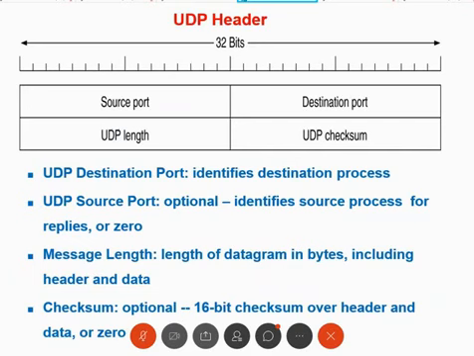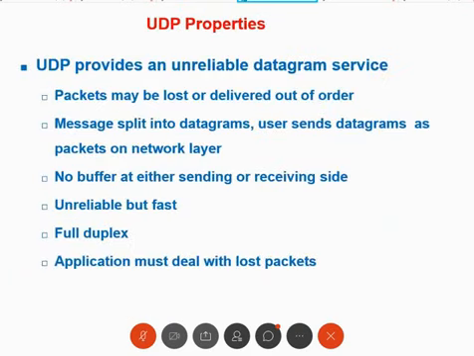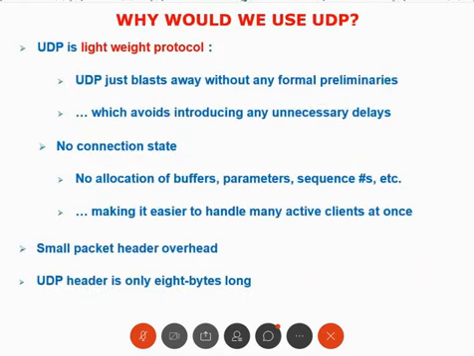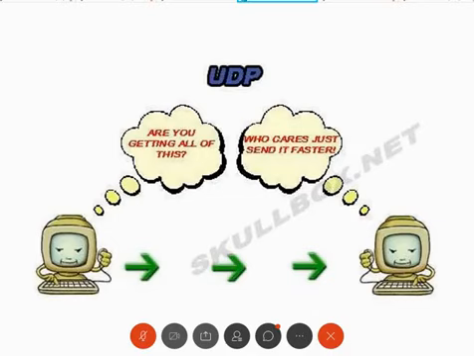UDP header, we have spoken. Why should we use UDP? There is no connection. The UDP header is only 8 bytes long, 8 into 8. Are you getting all of this? Who cares?